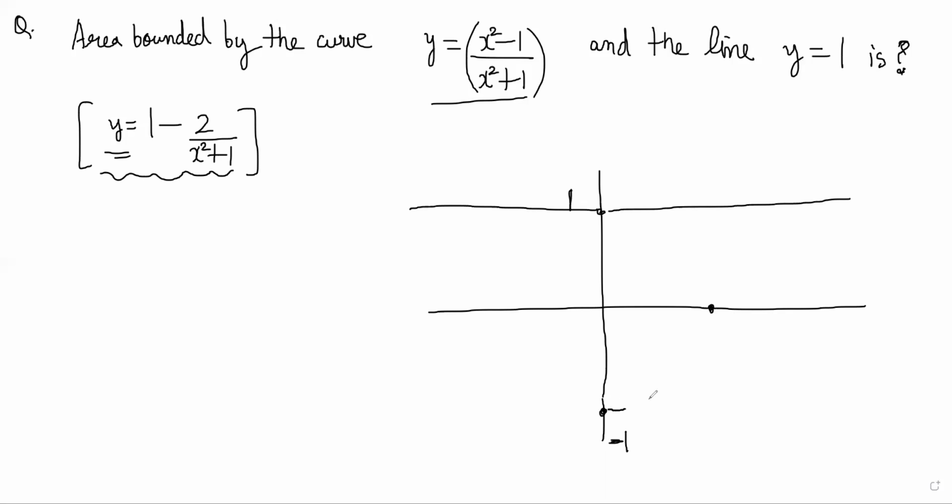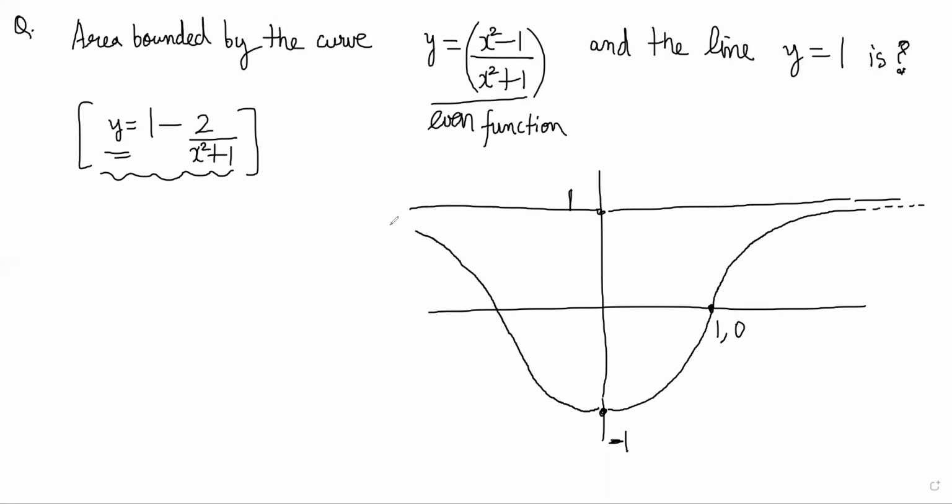As x becomes very large, you have something approaching 1. And you can see that this is clearly an even function, so the other side would be exactly a replica of this.